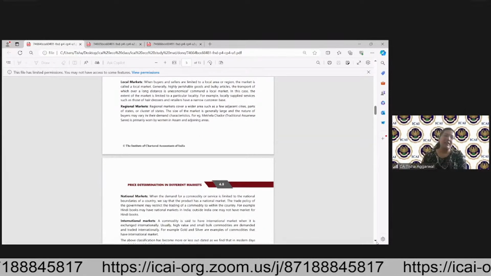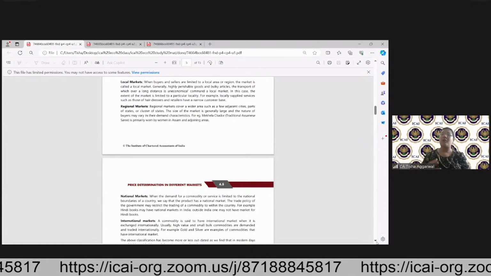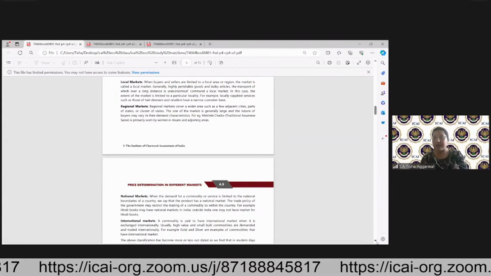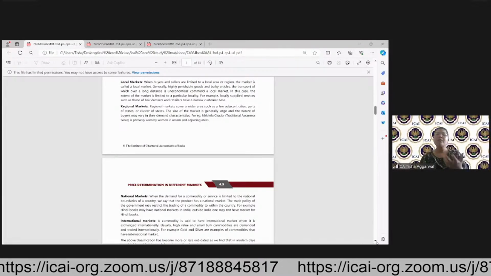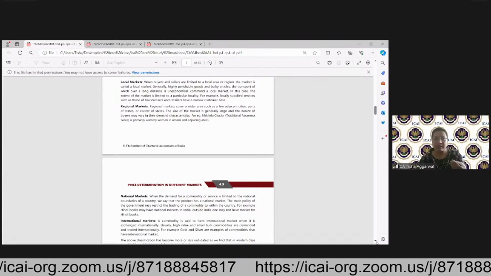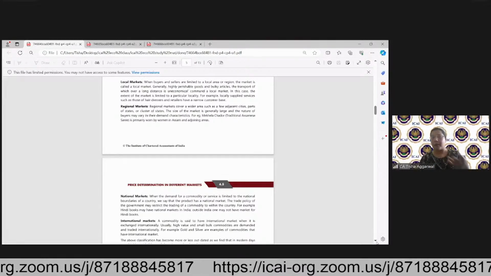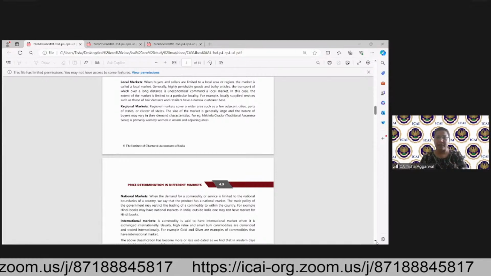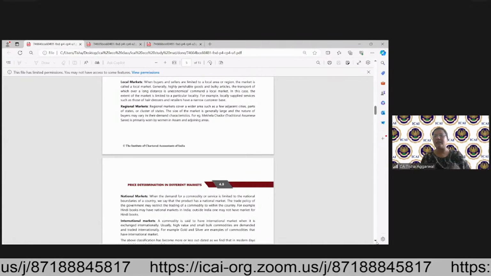So let's first understand the local market. What is the local market? Whenever we talk about buyers and sellers, have you heard of a Thursday market or maybe Saturday market? Your mama or your parents or someone in your family goes to buy vegetables from the area nearby.